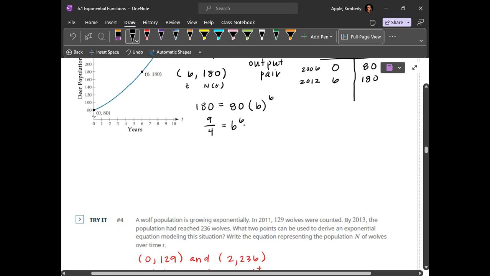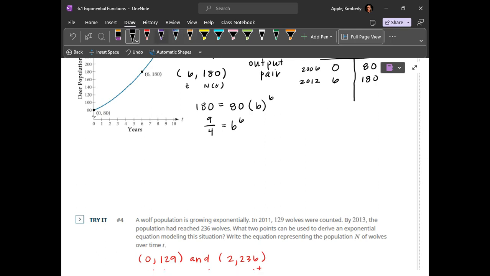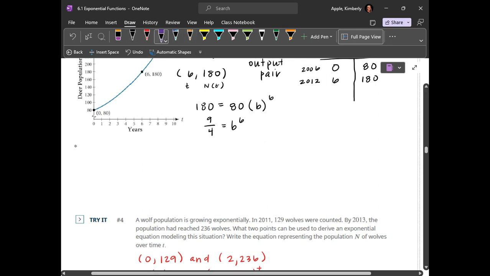Now, how do we solve for B here? So going back over on the side, let me look at something with you. If I had 4 equals x squared, I would take the square root of both sides in order to solve. What I have here is a power of 6. So I will need to take the 6th root of both sides to solve for B.